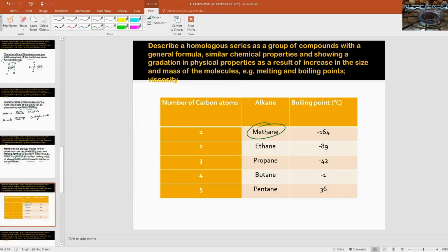This is the first member, methane. The boiling point is minus 164, and in the second member, ethane, the boiling point increases to minus 89. In the third member, propane, it increases to minus 42. In butane, the fourth member, it will be minus 1. In pentane, it's 36.